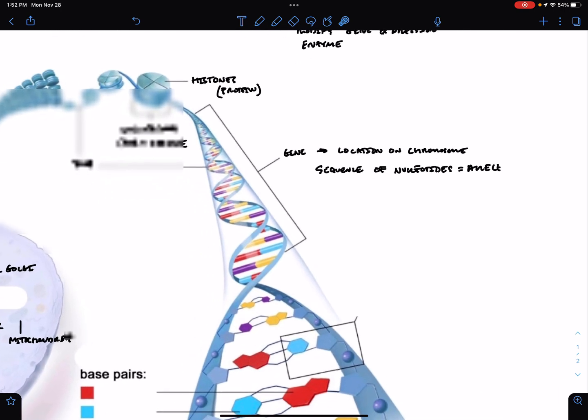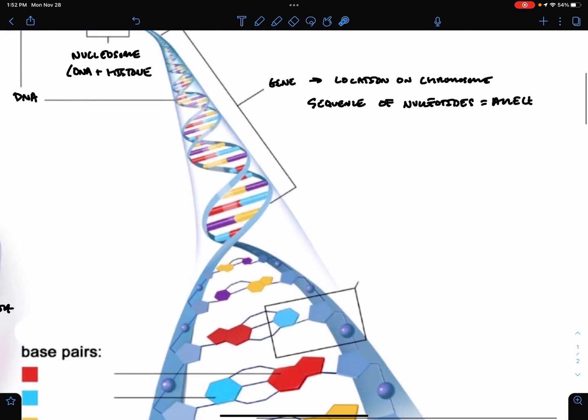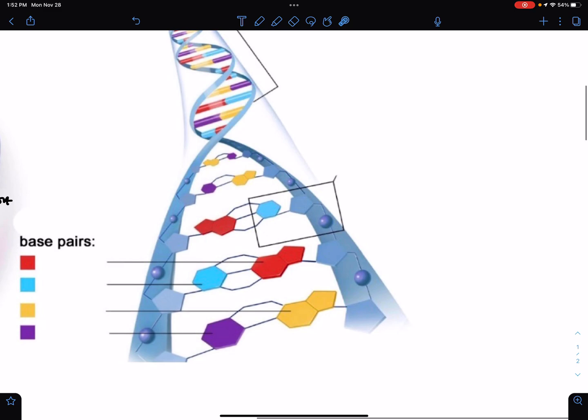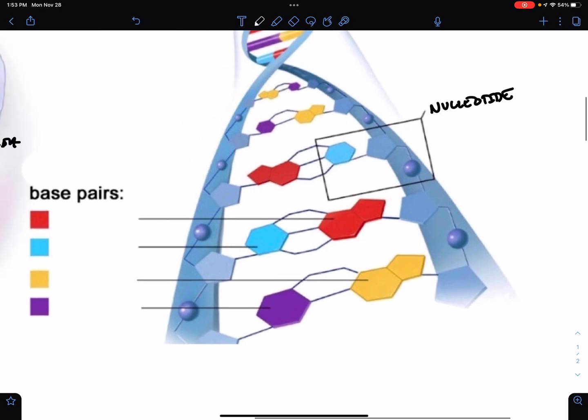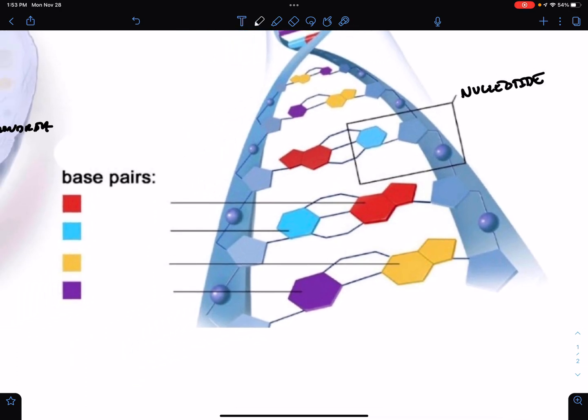And, okay, what is a nucleotide? A nucleotide is the most basic unit of DNA. So this box represents a nucleotide. And there are 4 different types of DNA nucleotides.